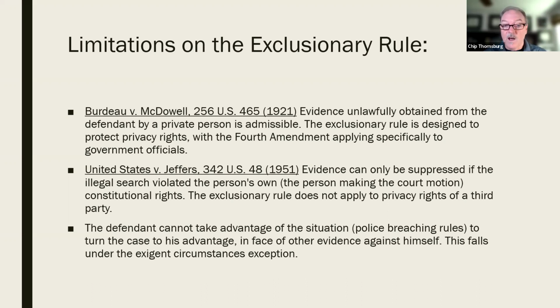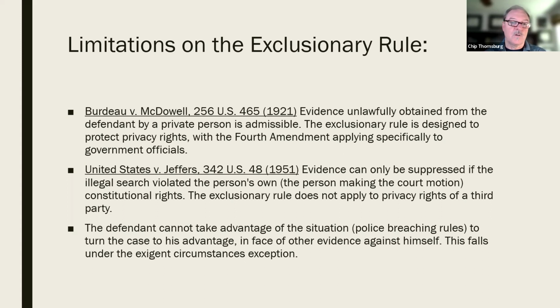US v. Jeffers: evidence can only be suppressed if that person's Fourth Amendment rights were violated. So you can't claim a Fourth Amendment violation for a third party.